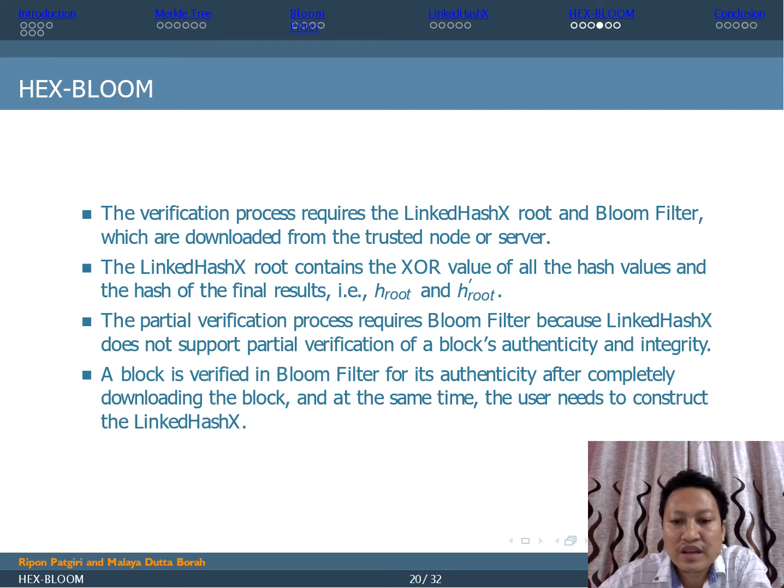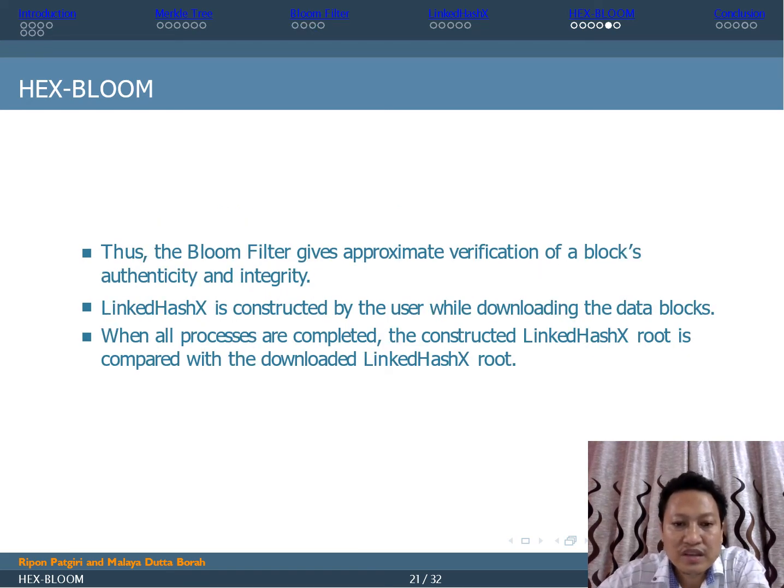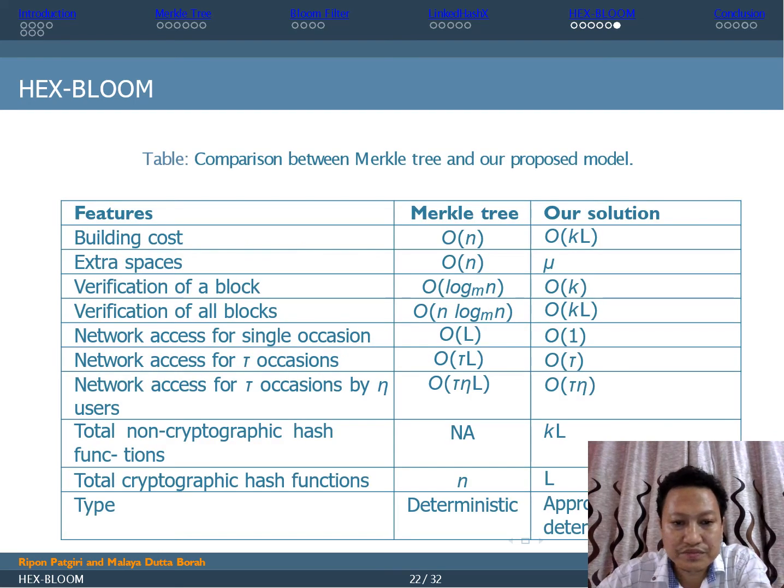At the same time, the user needs to reconstruct the Linked HashX root. Thus, the Bloom filter gives approximate verification of a block's authenticity and integrity. Linked HashX is constructed by the user while downloading the data blocks. When the whole process is completed, the constructed Linked HashX root is compared with the downloaded Linked HashX root.